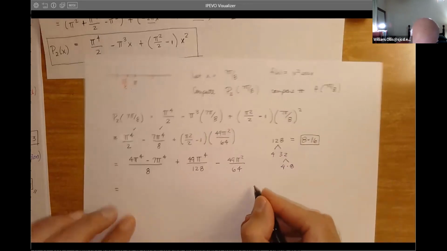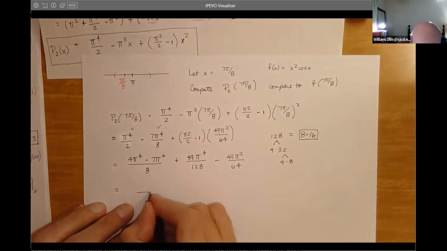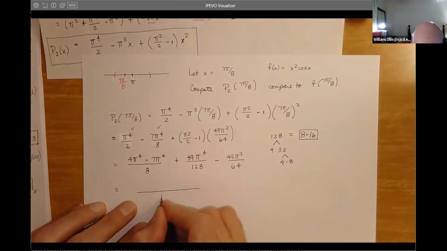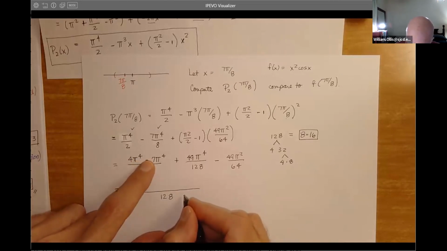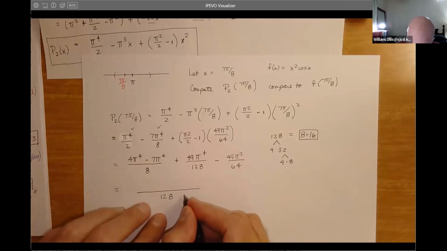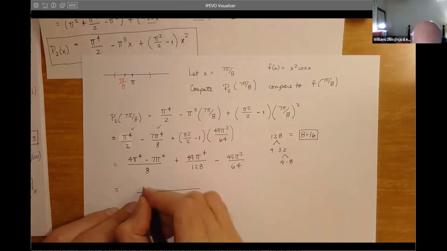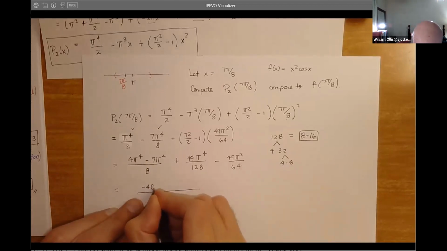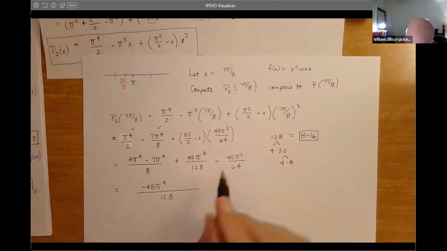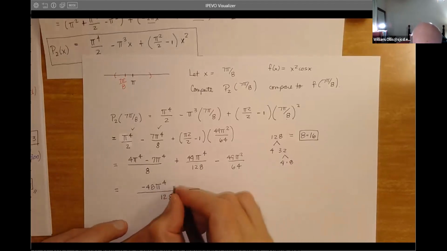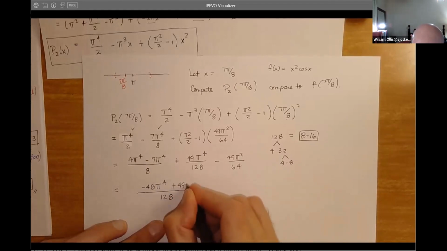So we can easily get a common denominator here. So we'll do 128. Of course, that's a -3 when we do the subtraction. So 16 times a -3, that's a -48 pi to the 4th. And then we have plus the 49 pi to the 4th.